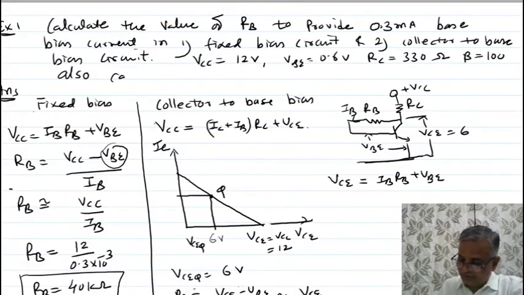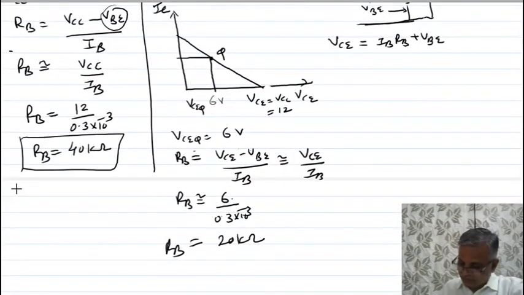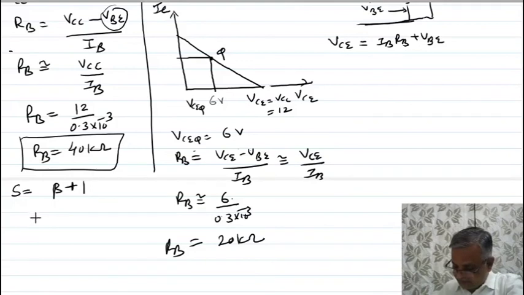Also calculate the stability factor S. The stability factor S for the fixed bias is beta plus 1. So it is 101.